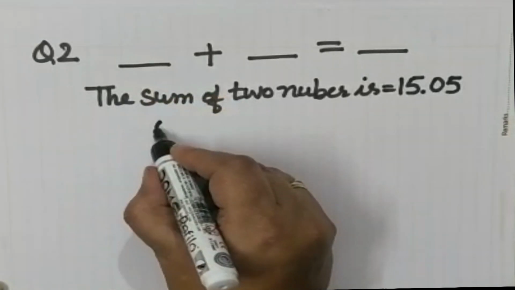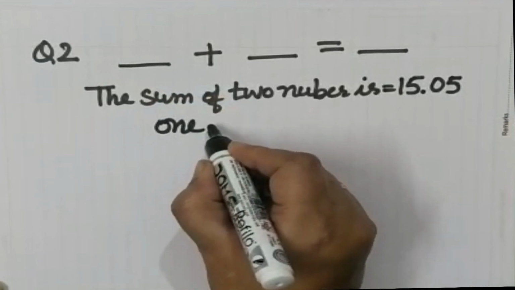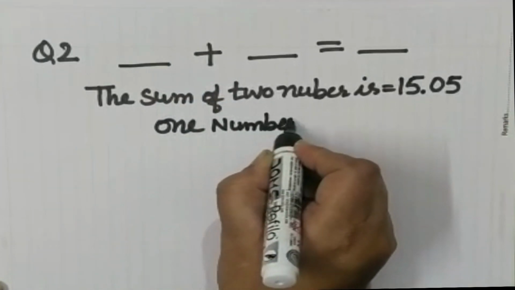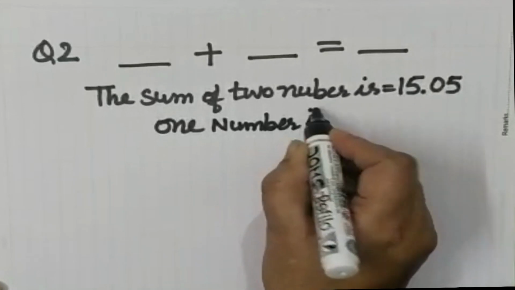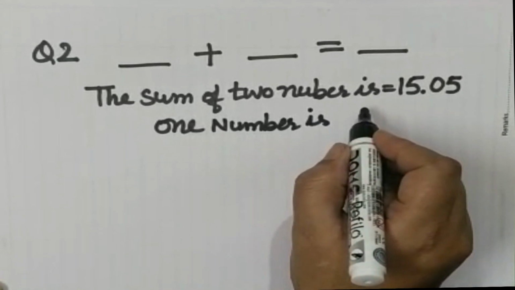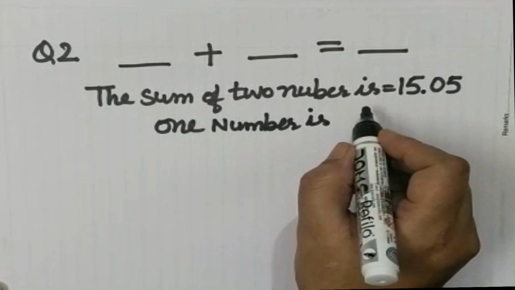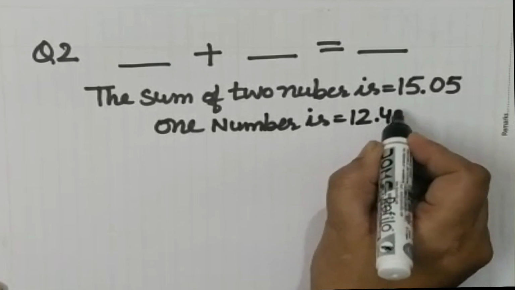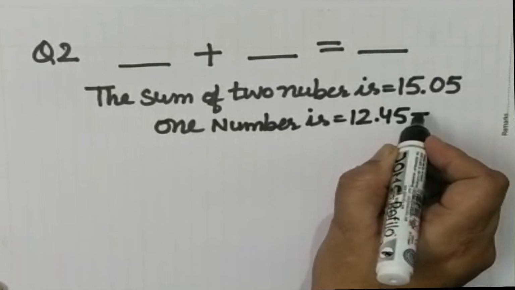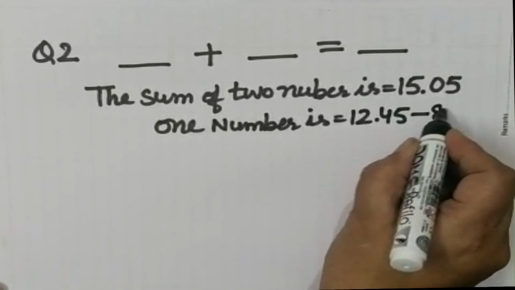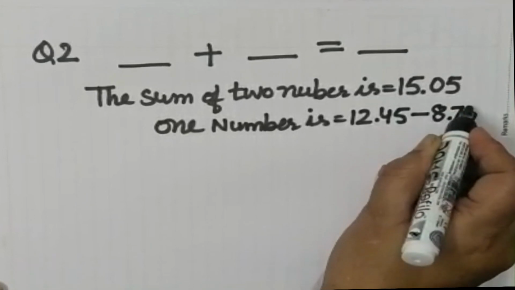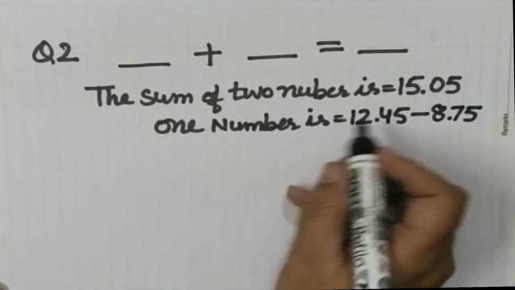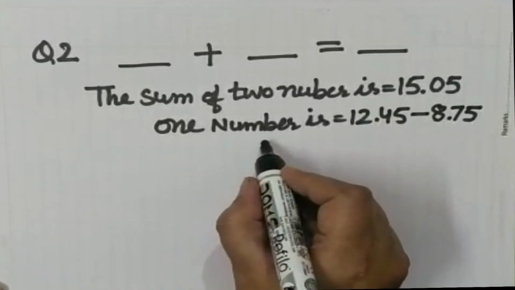So one number is the subtraction of both numbers. Which both numbers? 12.45 minus 8.75. So we have to perform this subtraction between both the numbers.